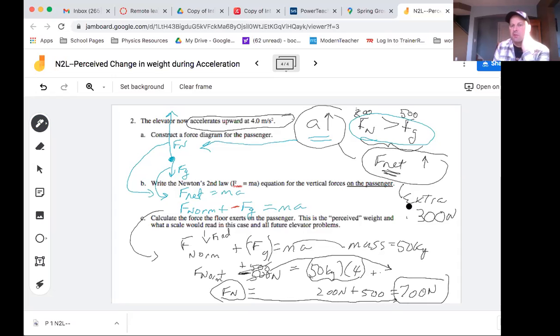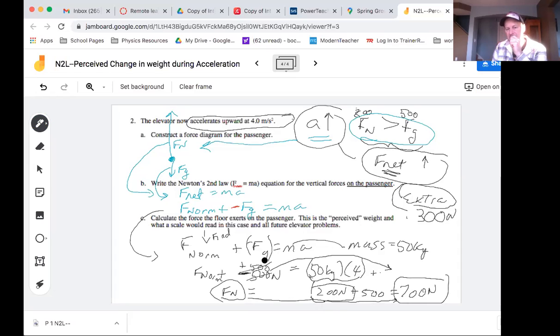So if you remember, what I was saying up here is the amount extra is what we're calling our net force. So that's this 200 part. That's the net force in this case. But the total force from the floor is that extra that gets you accelerating on top of your everyday body weight.